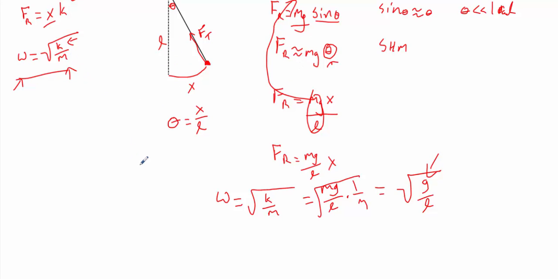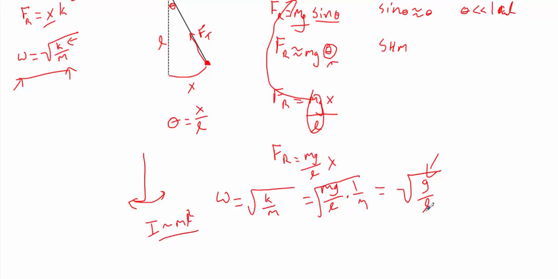On a pendulum, we have something that's swinging in circular or rotational motion. And remember, it's the moment of inertia, I, that opposes rotational motion. And I is proportional to mass and the length squared.